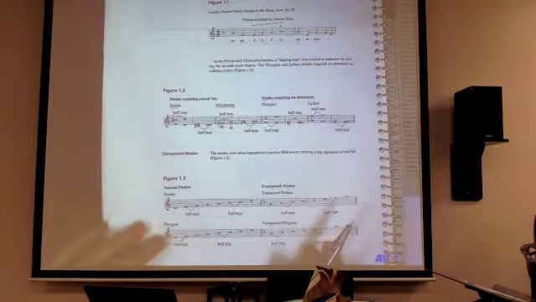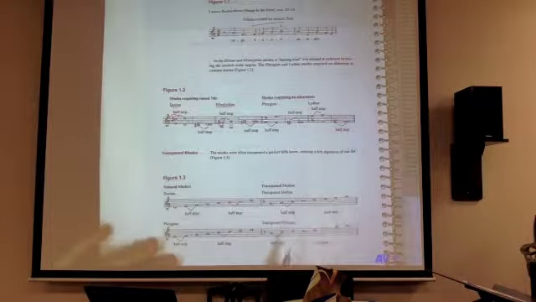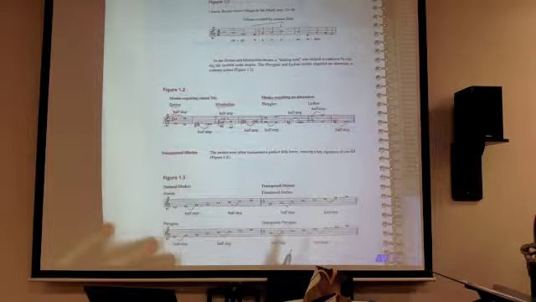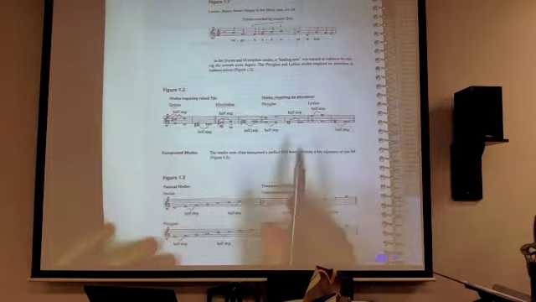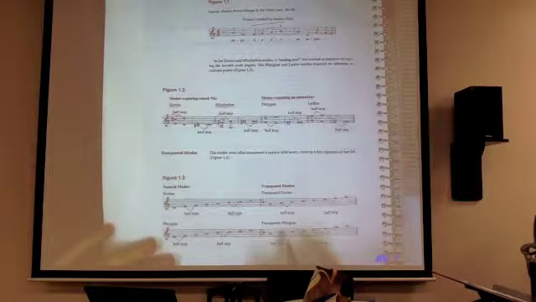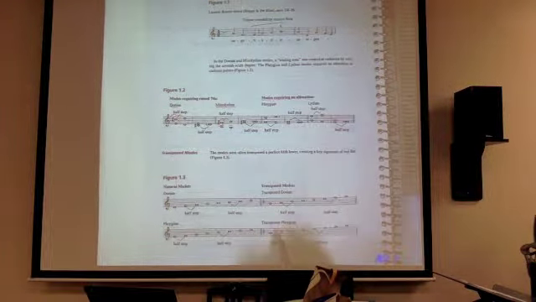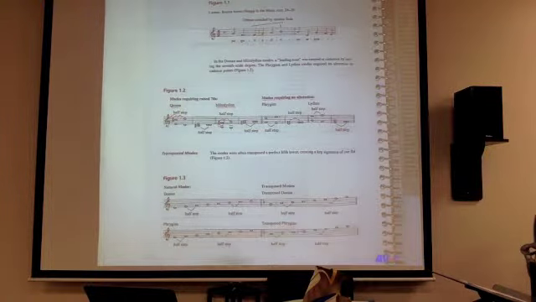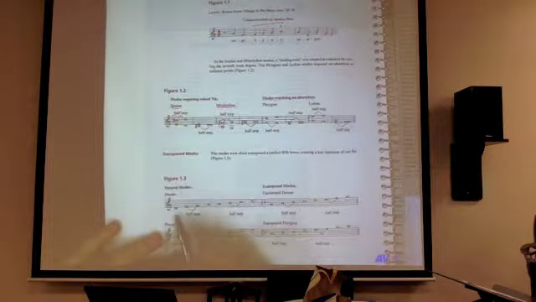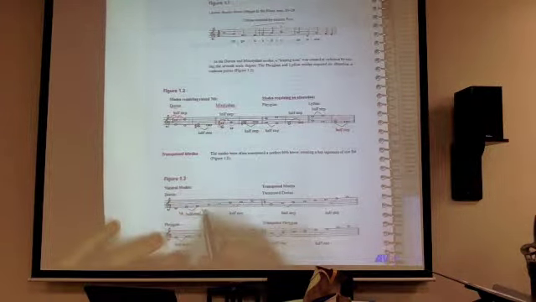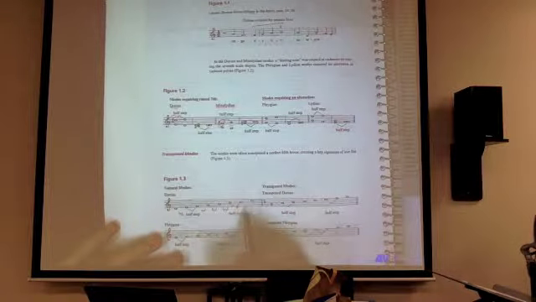Don't worry about it. So if we look at transposed modes, you should know that occasionally they would transpose a mode, and it's just like any other key, right? So if you've got C major, you're going to have whole, whole, half, whole, whole, whole, half. In the case of Dorian, we've got whole step, half step, whole step, whole step, whole step, half step, whole step.